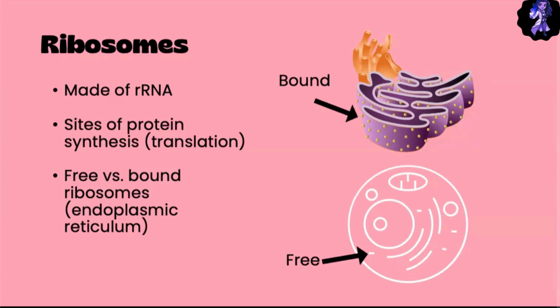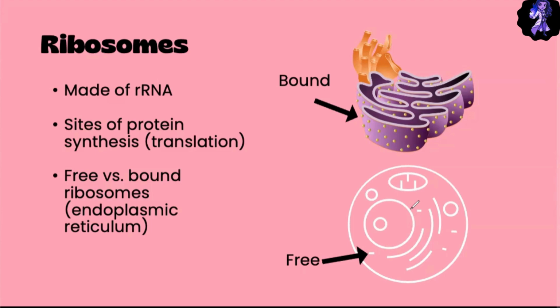If you're given a picture of a cell, it's somewhere around here. The bound ribosomes on the endoplasmic reticulum are considered to be different than the free ribosomes. The free ribosomes are free floating in the cell in what's called the cytoplasm, which is the space that all the various organelles fill. So the free, which is not bound to the endoplasmic reticulum, is different.